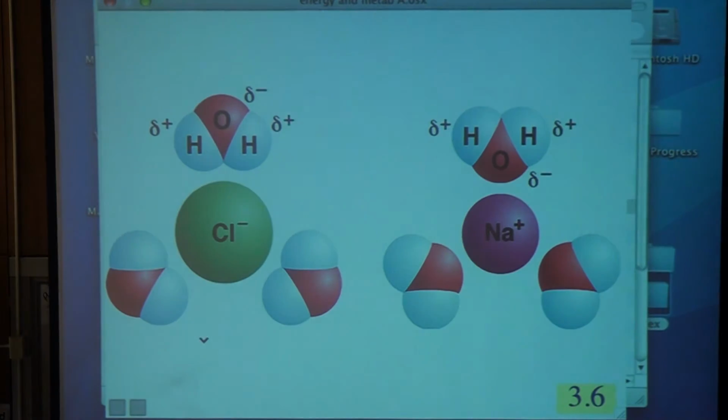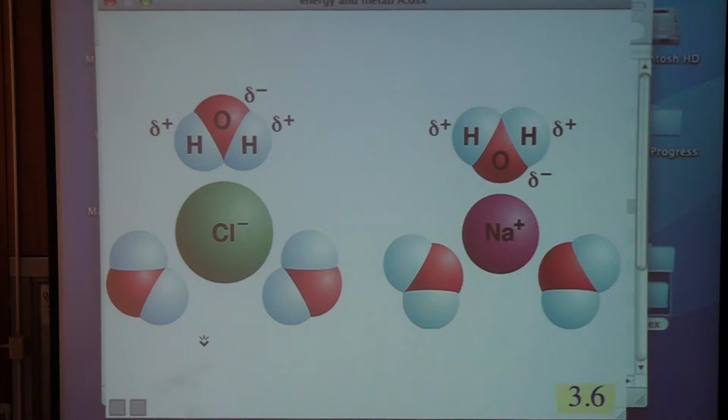Okay, well, I want to start to introduce one more concept before the quiz. When we were talking about solutes, solutes just mean molecules that are dissolved in a liquid, typically in water. One of the major concepts is that solutes dissolve in water because they attract water molecules.